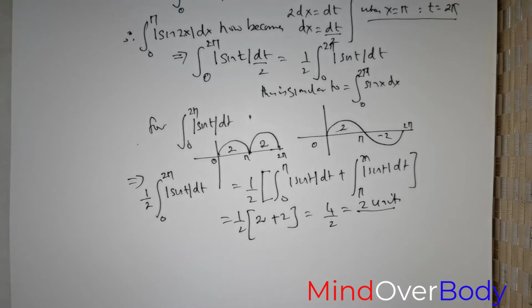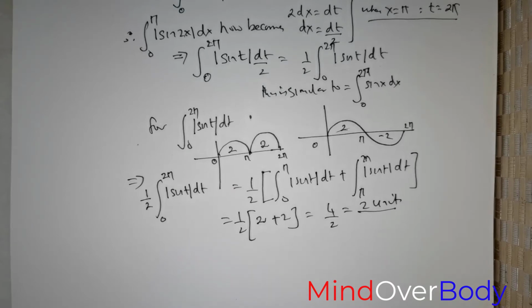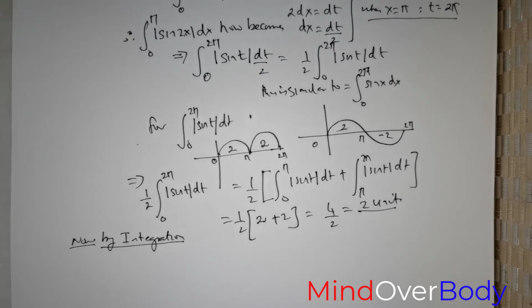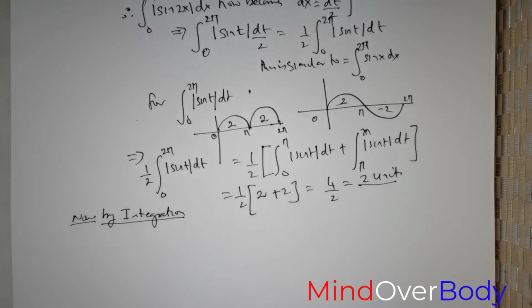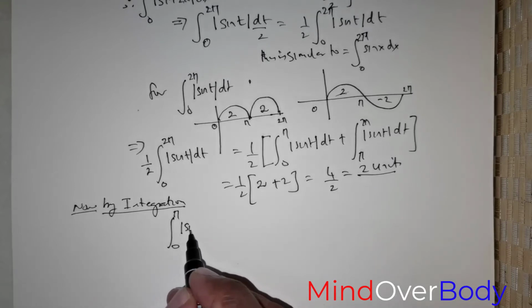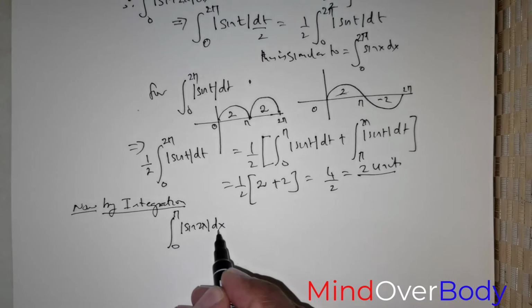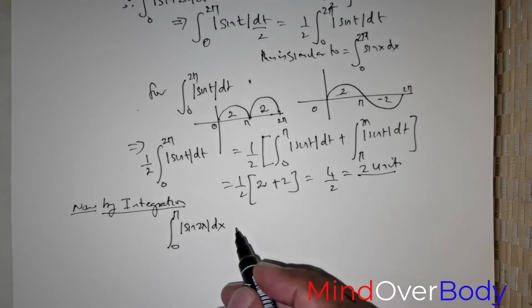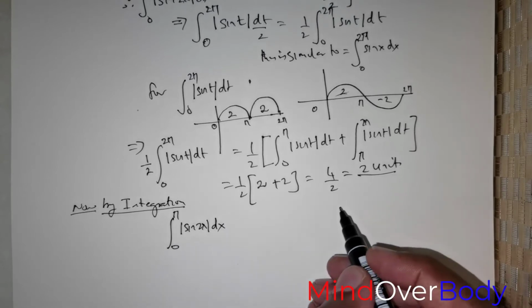Now I can also obtain this by using the technique of integration. That's exactly what I'm going to do now. Now I'm going to show how exactly we can obtain the solution for this question, integral 0 to pi modulus of sin 2x dx, using the technique of integration. So I'm going to rewrite this in this fashion.